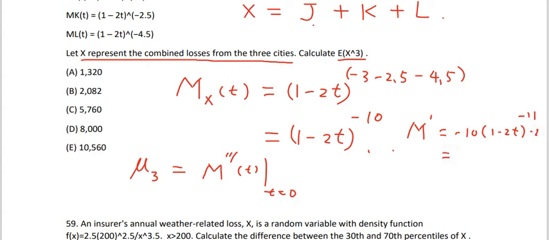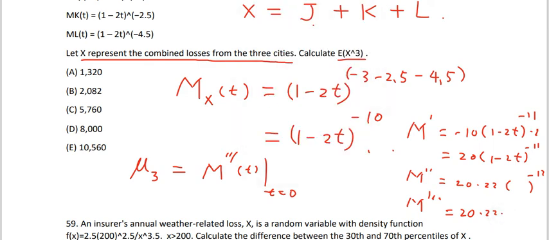So this equals 20 times (1 minus 2t)^-11. Then the second derivative is 20 times 11, then multiply by 2, so 20 multiplied by 22, then this -12. So the derivative equals 20 times 22 times 24, right?